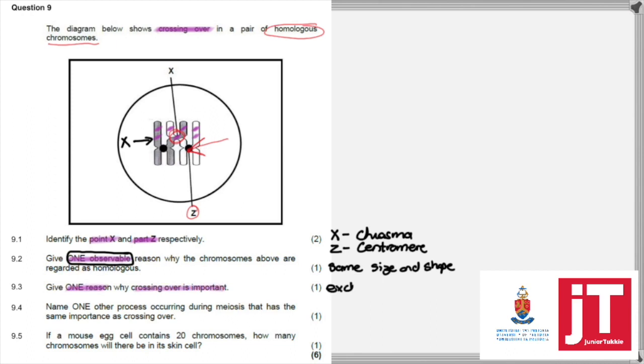Let's look now at the next question, 9.3. Give one reason why crossing over is important. Without wasting time here, we have the exchange of genetic material, which is going to increase genetic diversity in the offspring. This is super important, because we have the production of recombinant offspring that is genetically diverse, and this is going to increase the chances of survival of this specific species should anything happen that changes the environmental conditions that could impact on the ability to survive of some individuals of this species.